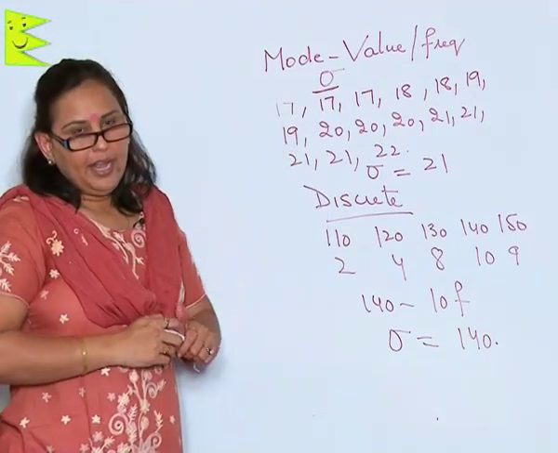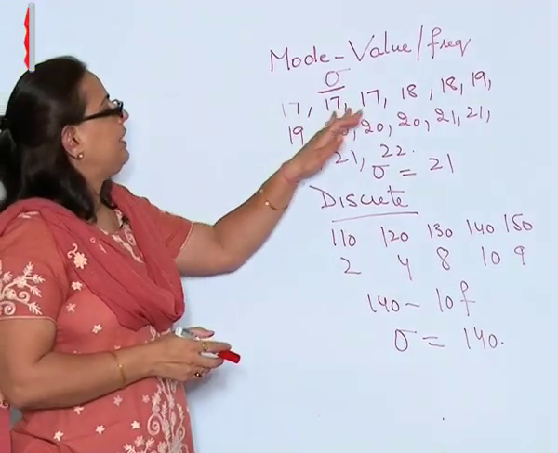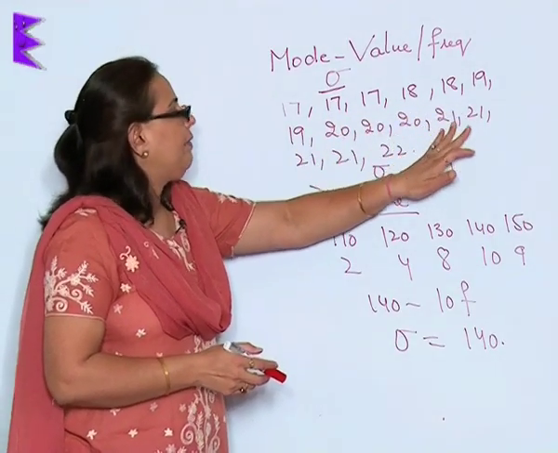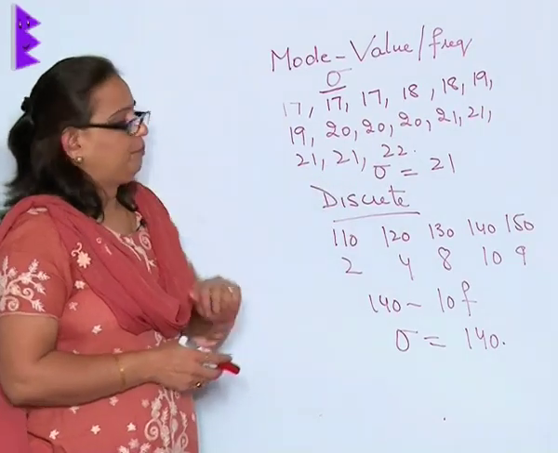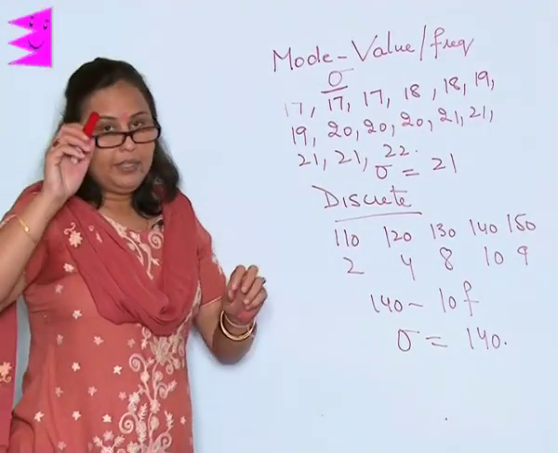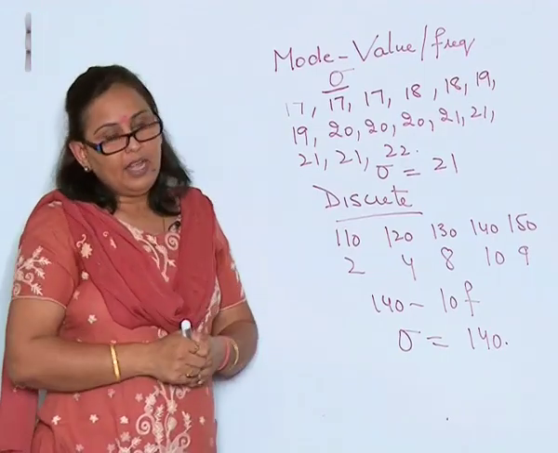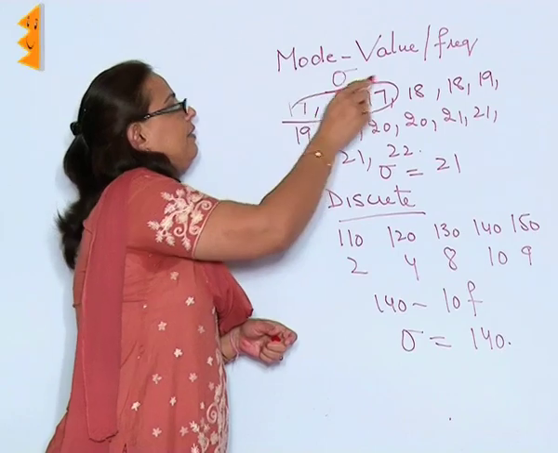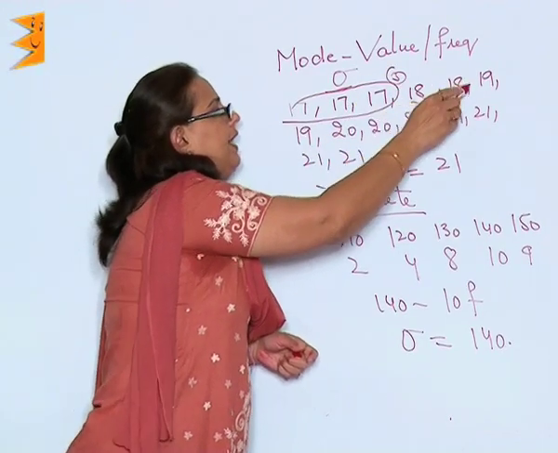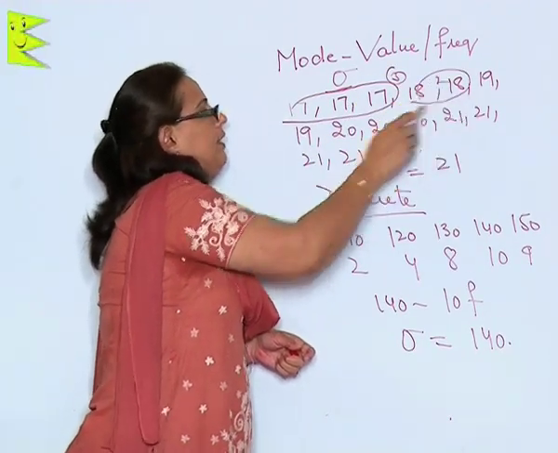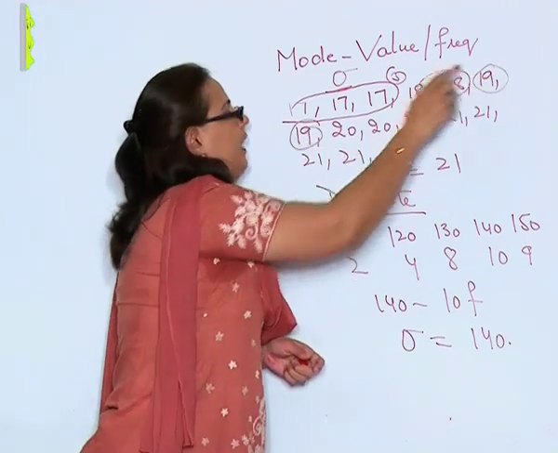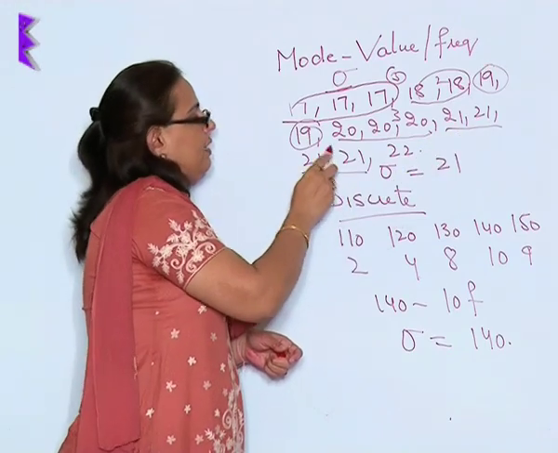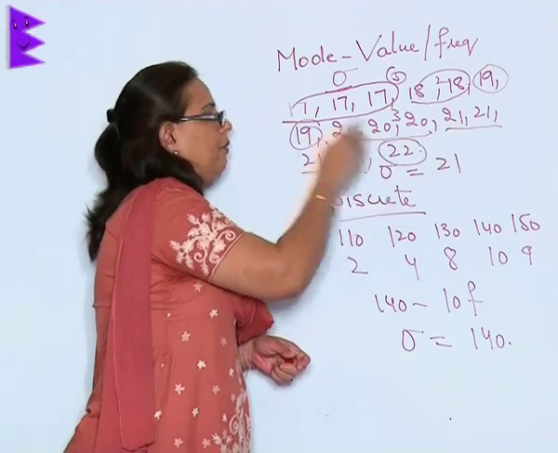Now here I have picked up the numbers 17, 17, 17, 18, 18, 19, 19, 20, 20, 20, 21, 21, 21, 21, 22. Now I will have to find out the value which has occurred more frequently. 17 has occurred 3 times, 18 has occurred 2 times, 19 has again occurred 2 times, 20 has occurred 3 times, 21 has occurred 4 times and 22 1 time.